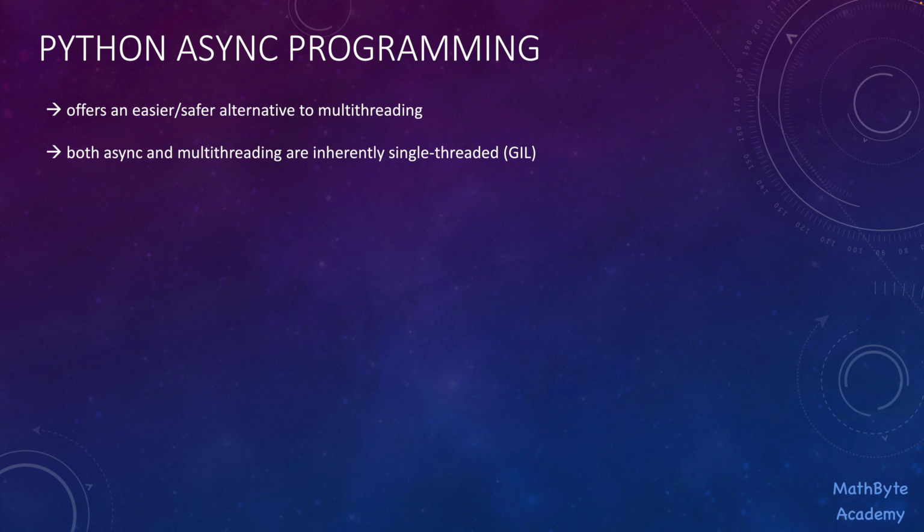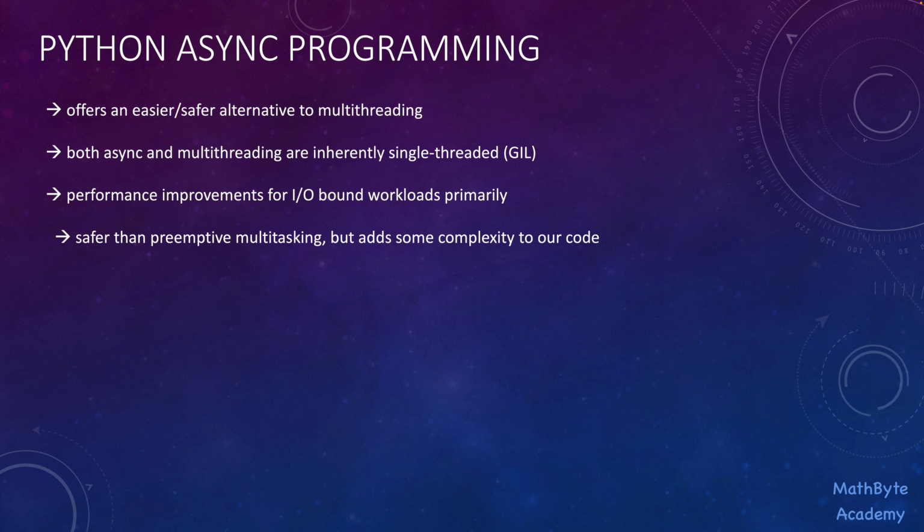I personally feel that writing async code is much simpler than writing multi-threaded code. Now, both async and multithreading are inherently single-threaded, but the performance improvements are going to be for I/O-bound workloads primarily, just as with multithreading. It is safer than preemptive multitasking, but it does add some complexity to our code. It's actually easier to start threads than it is to do some async work.